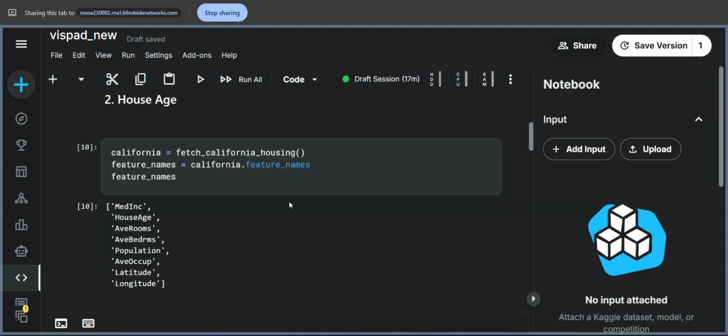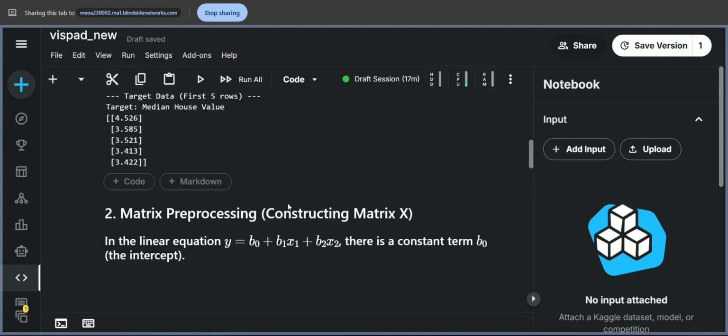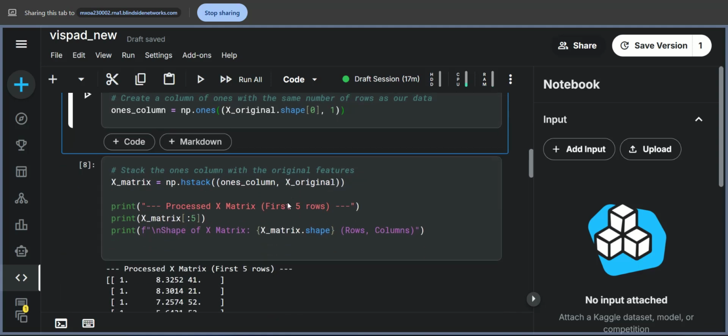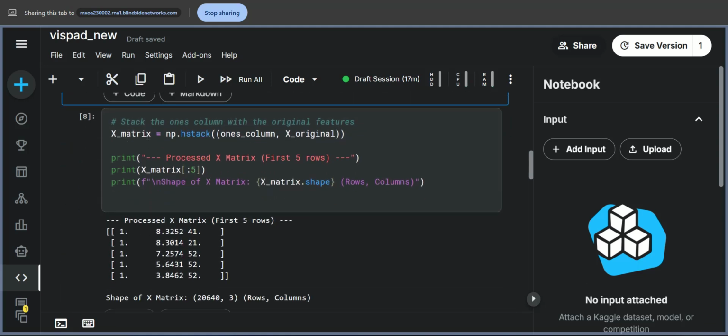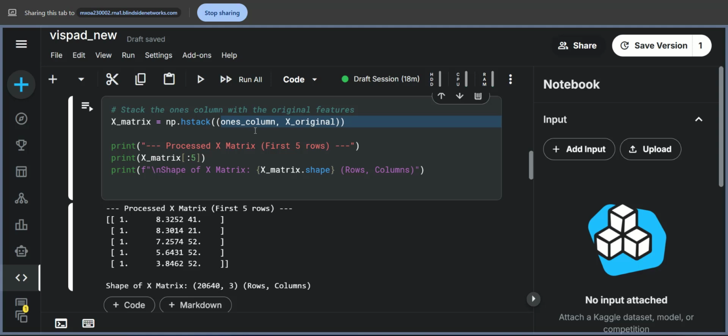So here we use hstack, horizontal stack. Here we have our ones column, which is ones over here, and then we have the feature sets that were originally here.